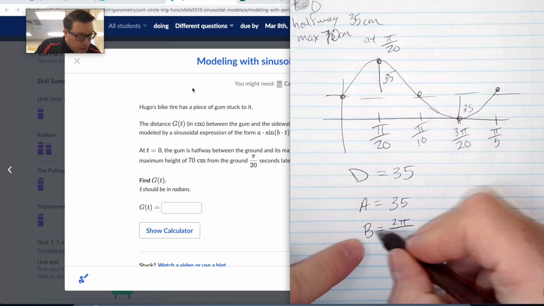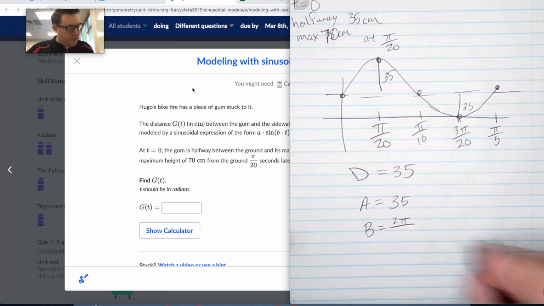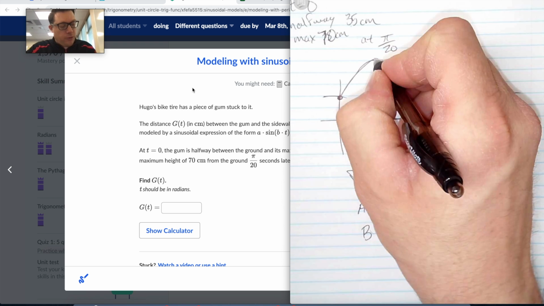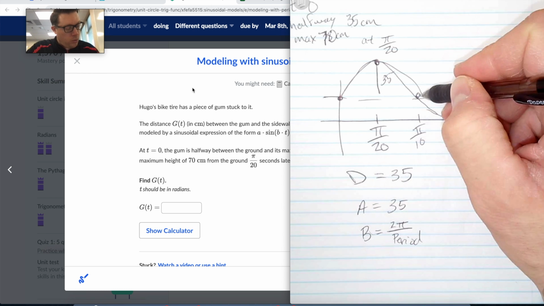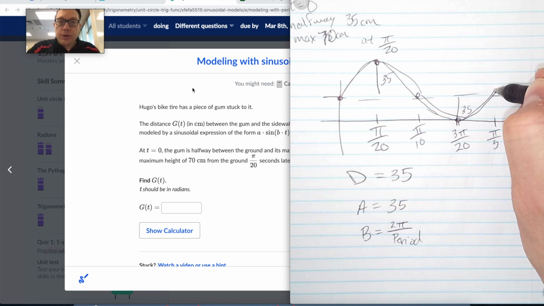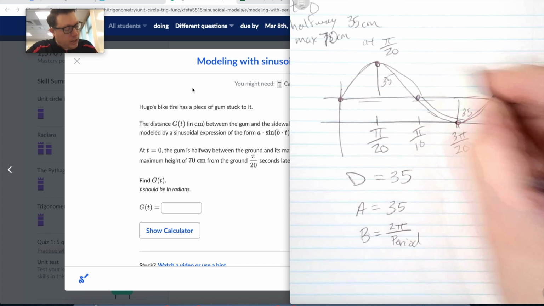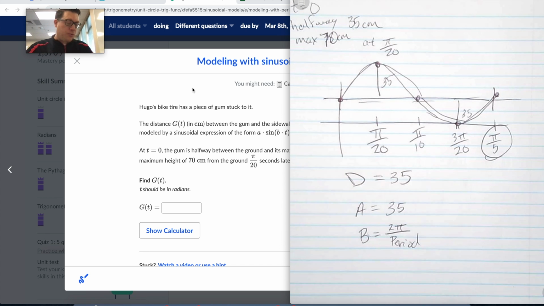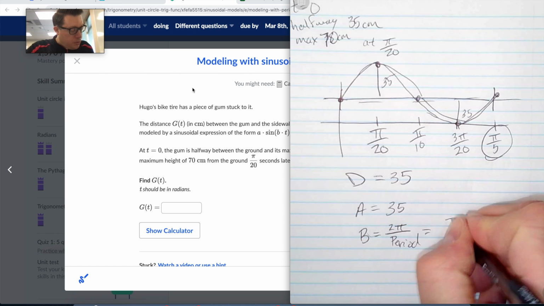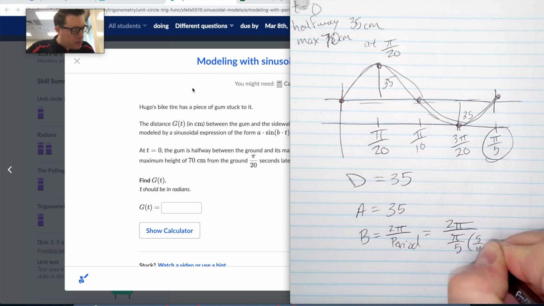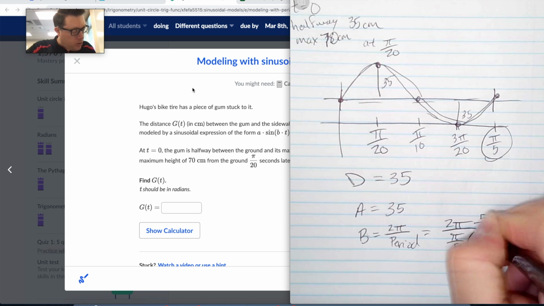Vice versa, the frequency is 2 pi divided by the period. And if you notice, there's 1/4, 1/4, 1/4, and 1/4 sections of sine to complete a full period in pi over 5 space. So if we want to figure out what B is, we go 2 pi over pi over 5, a little flip and multiply, dealing with reciprocals.